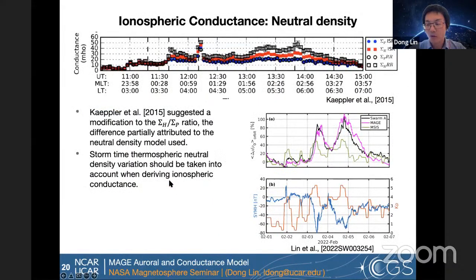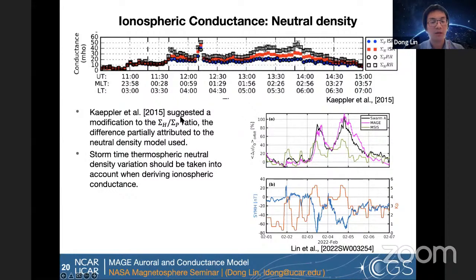Other than the spectrum, another important factor in determining the conductivity profile is the thermosphere neutral density. The Robinson formula we just talked about was actually based on the MSIS empirical model. And in a recent study by Stephen Kaeppler et al., they actually suggested a modification to that Hall-Pedersen ratio. That difference is partly attributed to the different neutral density models they used.